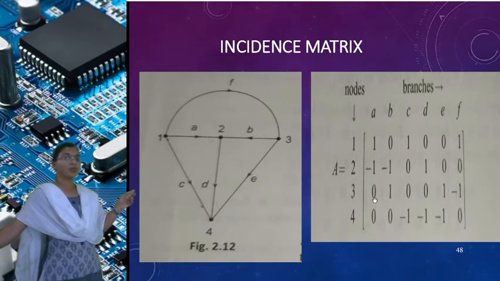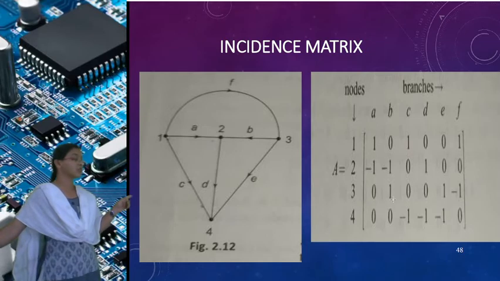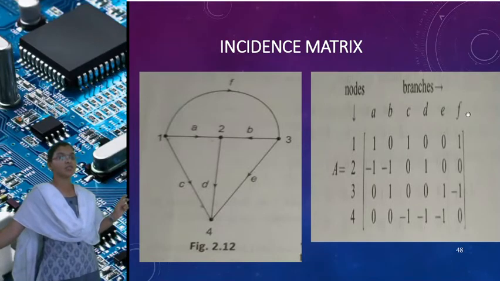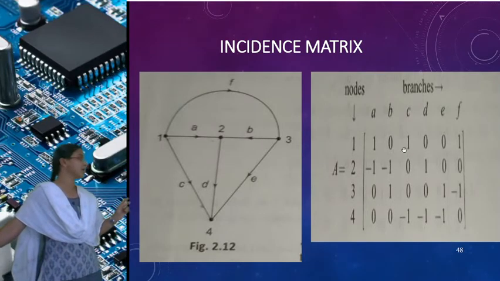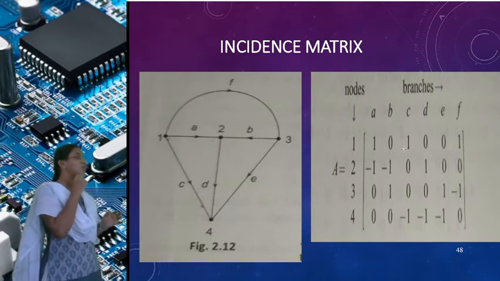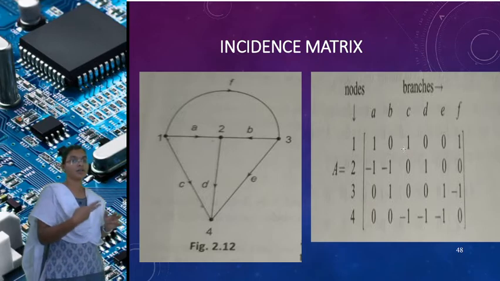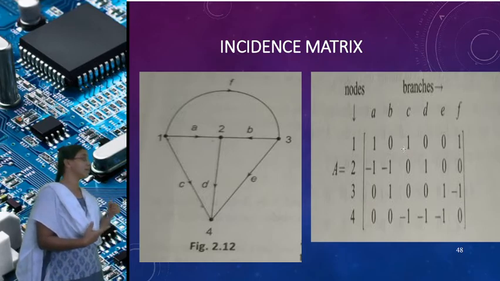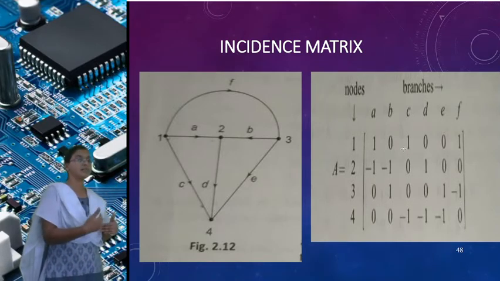Each and every column consists of one plus 1 value, one minus 1 value, and the remaining values are zeros. So what is the fourth property? Each and every column consists of only 2 non-zero values, that is plus 1 and minus 1. Remaining all are zeros.